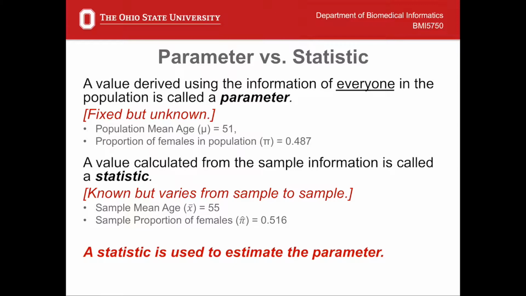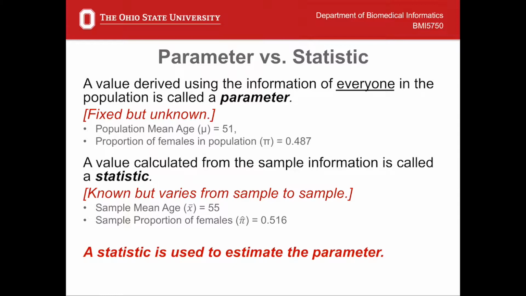Parameters versus statistics. A parameter is a value derived using the information of everyone in a population. Usually it's fixed but unknown. For example, the mean age of the population or the proportion of females in the population.